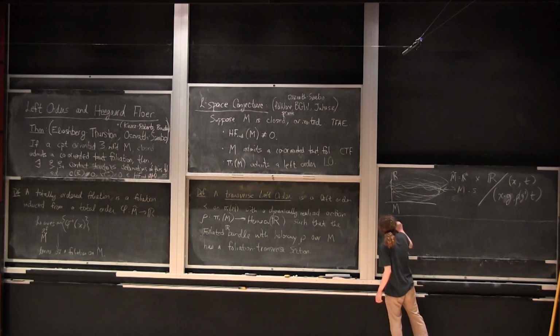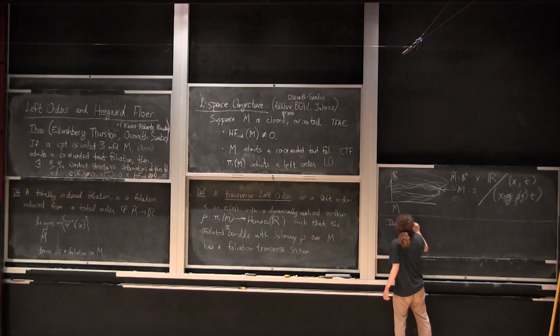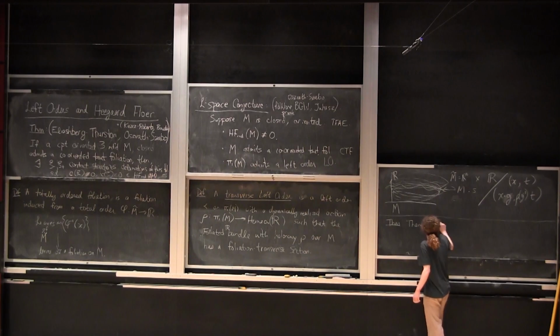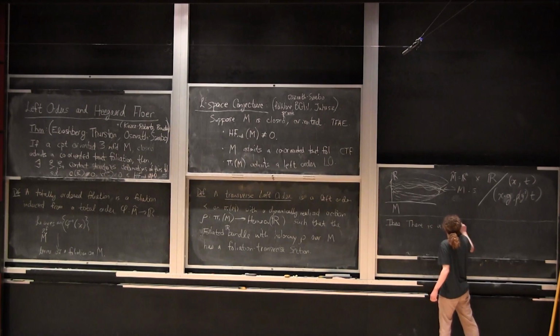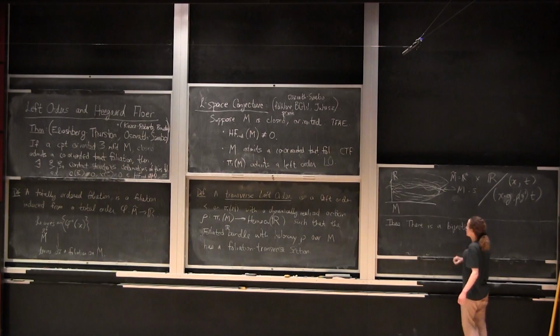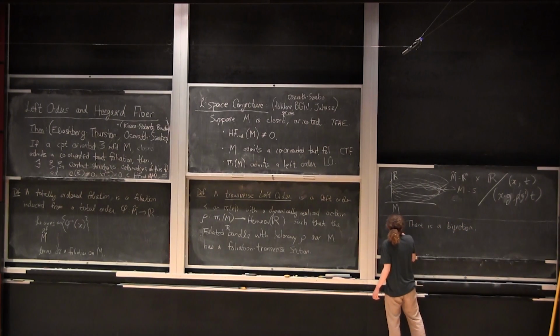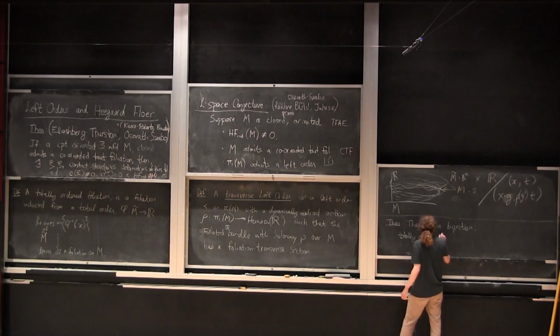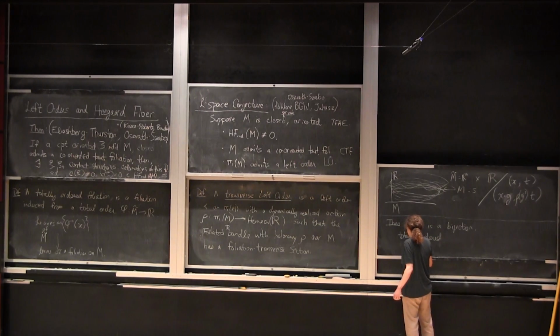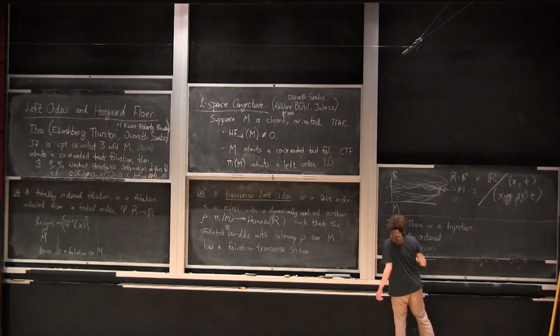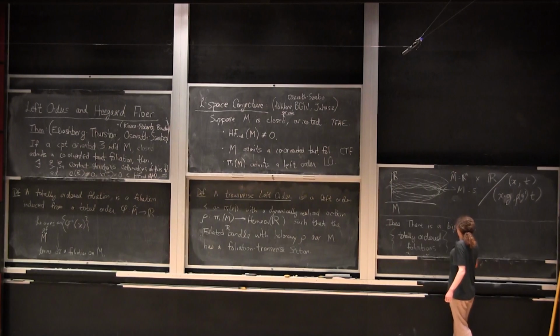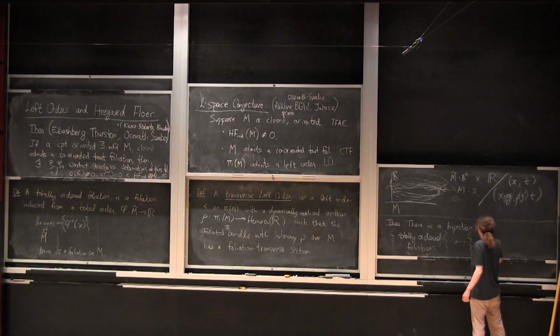So, theorem. There is a bijection between totally ordered foliations and transverse left orders.